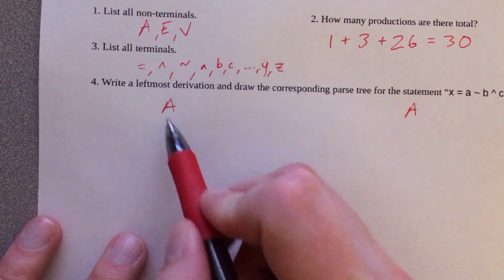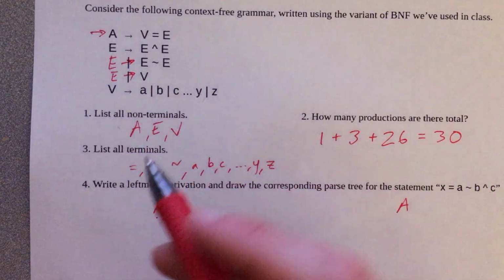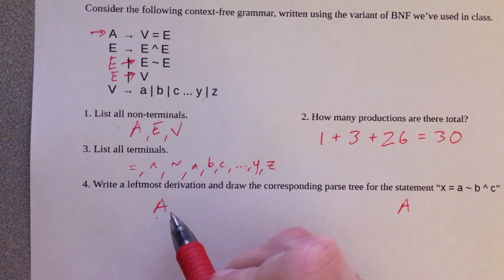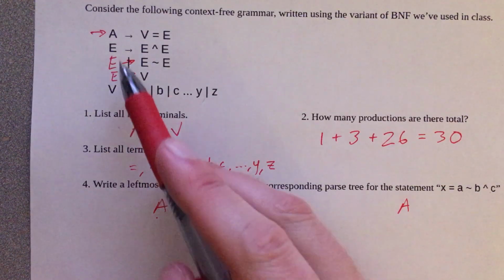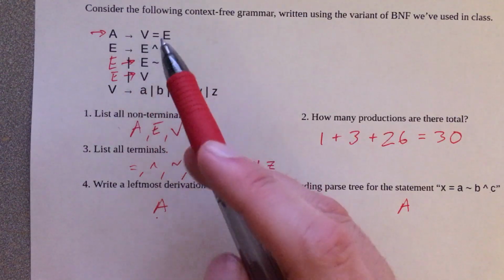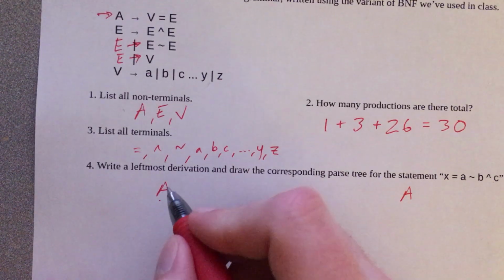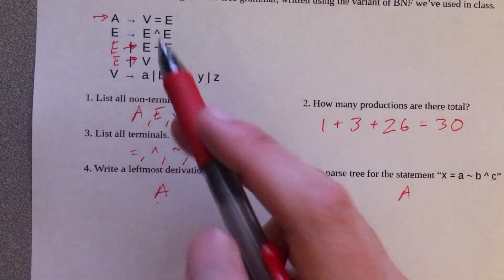So at every step of the derivation, we choose one non-terminal to expand using the rules of our grammar. And since we only have one non-terminal here, we really only have one non-terminal that we can expand. And because there's only one rule for that non-terminal, that's the rule that we have to use. So we have to expand A to V equals E using this rule right here.